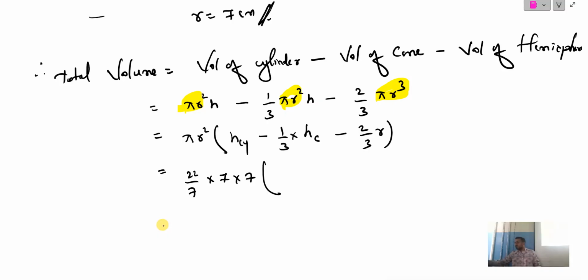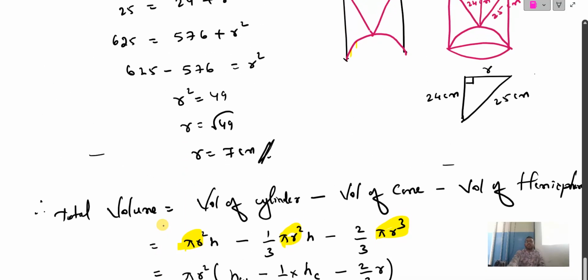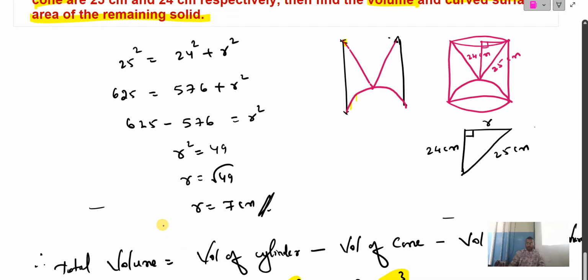Now we can get the total height of the cylinder: 24 plus 7, 31 centimeters. Understood? How did we find the height of the cylinder?